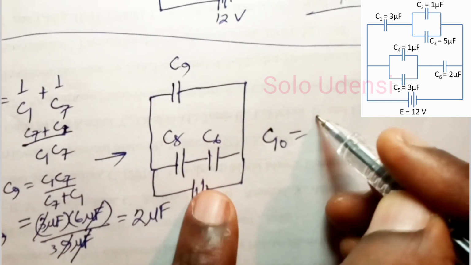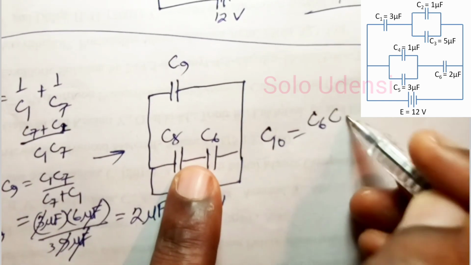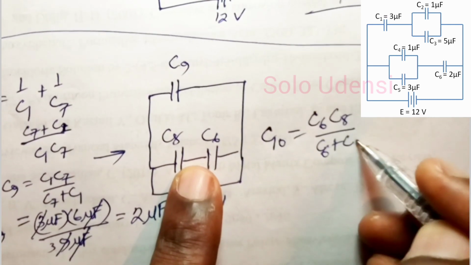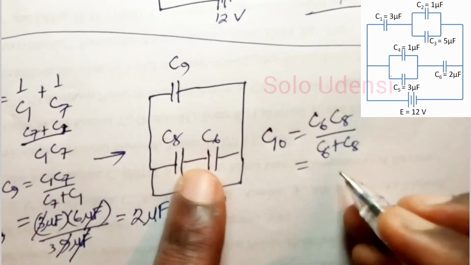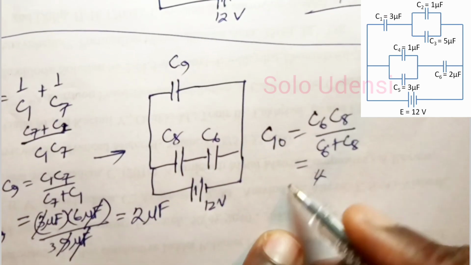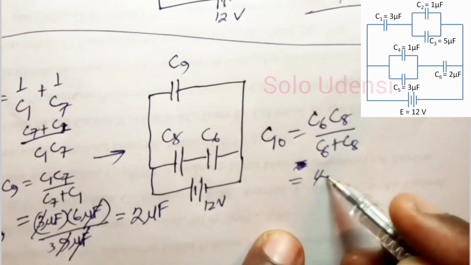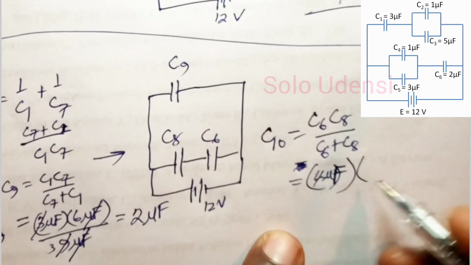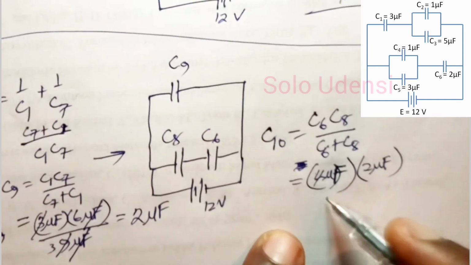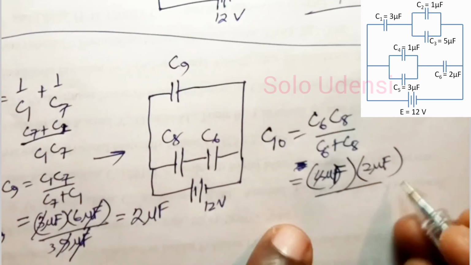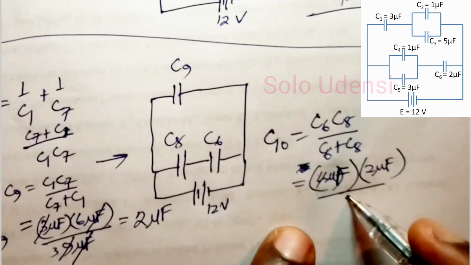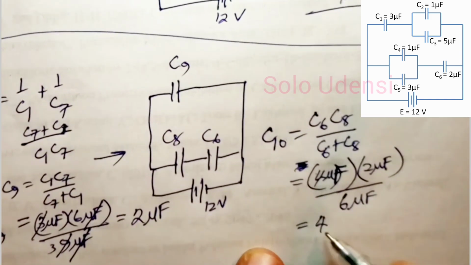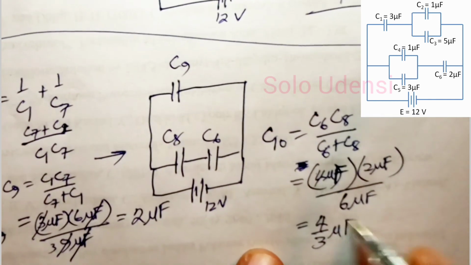Product over sum: the product will be C6 C8 all over C6 plus C8. You have 4 microfarad times 2 microfarad all over the sum, 6 microfarad. Let's leave it in fraction, 4 over 3 microfarad.